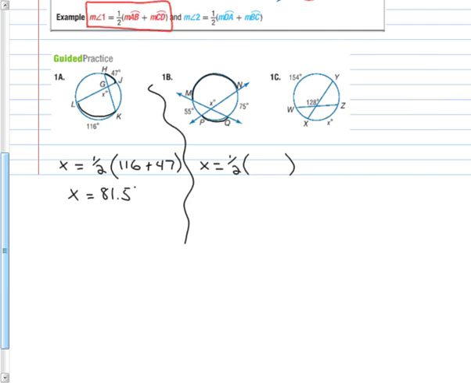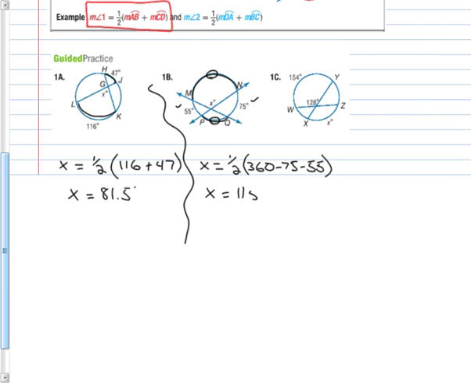Yeah, I know a full circle is 360, so if I subtract these two arcs from it, what is left is the sum of those two arcs. So I can find the sum by going 360, subtract the 75, and subtract the 55. What's X on this one? 115?